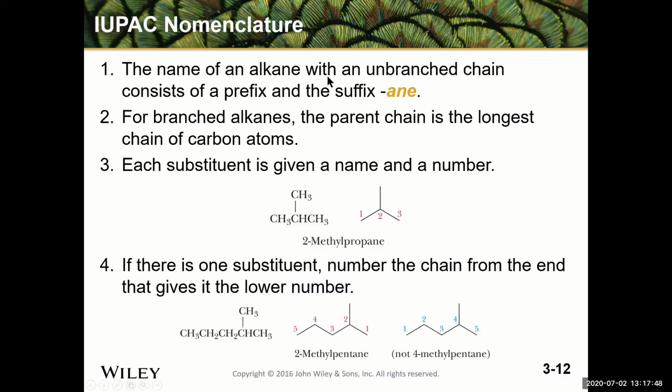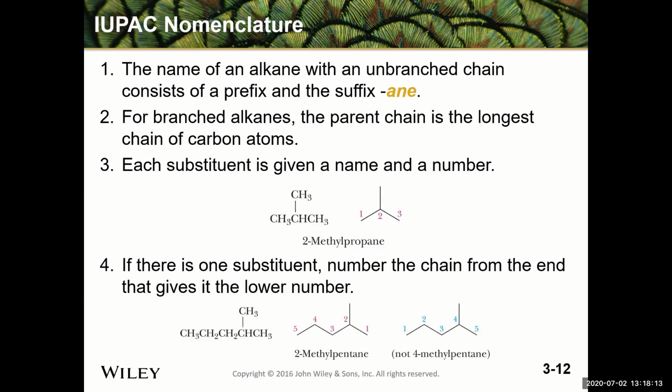Okay, so now we get into the actual rules, and this is called IUPAC nomenclature, the International Union of Pure and Applied Chemistry. One day there was a big meeting, I think somewhere in Switzerland, where a group of chemists decided on some standard rules for naming organic compounds.